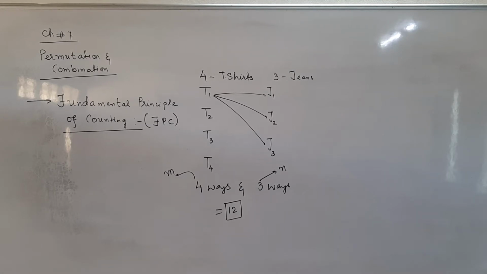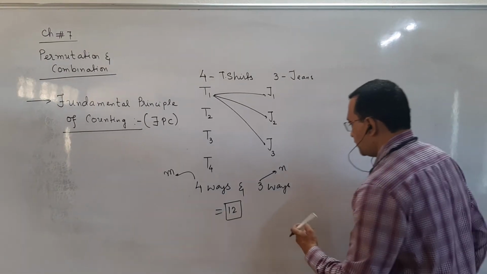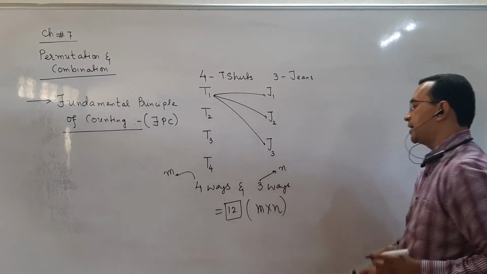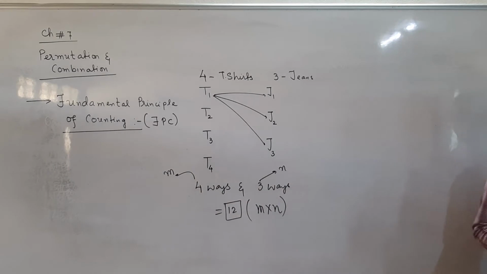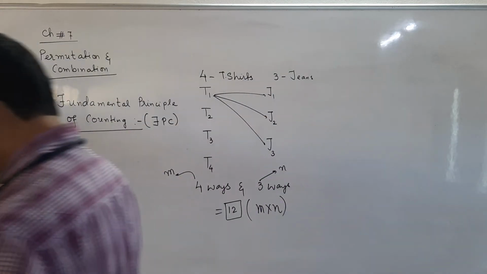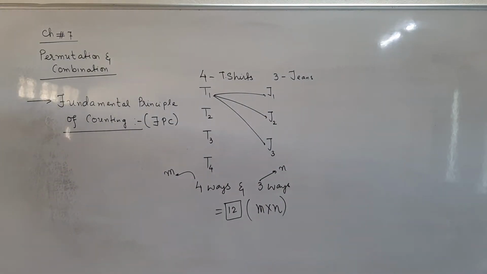After that, the second event can occur in n ways. Then the total ways in which both the events can occur in order are m into n. This principle is called, students, the fundamental principle of counting.